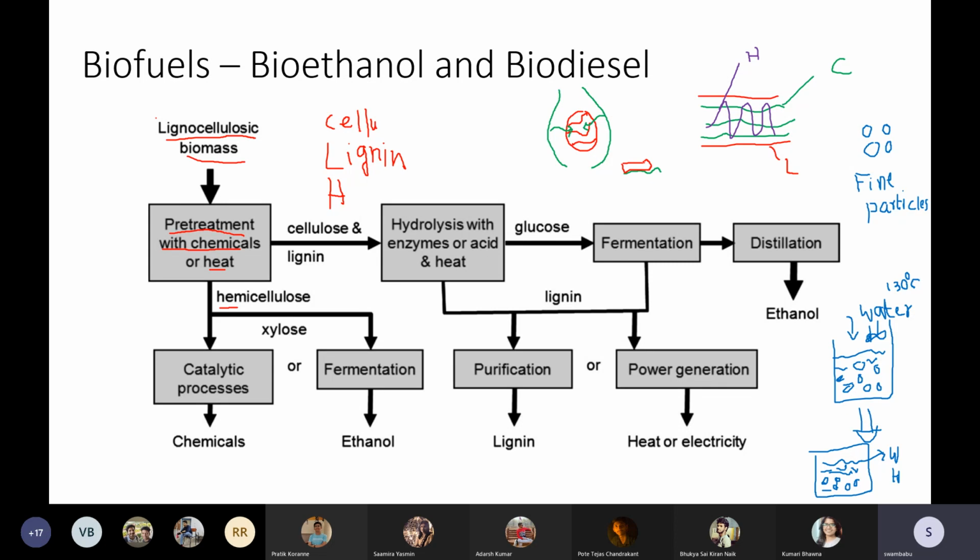As soon as this water interacts with the biomass particle, it interacts with cellulose, lignin, and hemicellulose. Out of these three components, one is soluble and the other two are not. The solubility of hemicellulose is higher in water than cellulose and lignin. Almost the solubility of cellulose and lignin is zero.